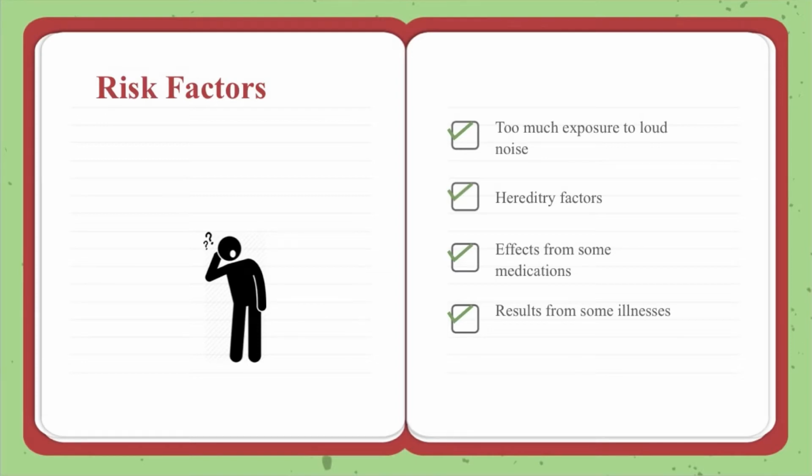Your genetic makeup may make you more susceptible to ear damage or hearing impairment. So, you need to be fully aware when your family members experience or are diagnosed as hearing impairment patients. Do you know, some medication also has an effect on our hearing. For example, drugs such as the antibiotic gentamicin and certain chemotherapy drugs can damage the inner ear.